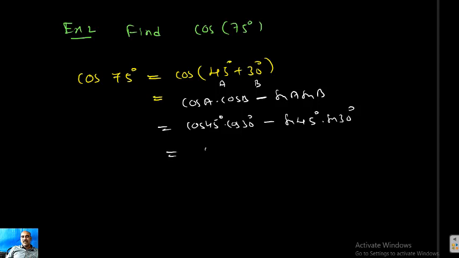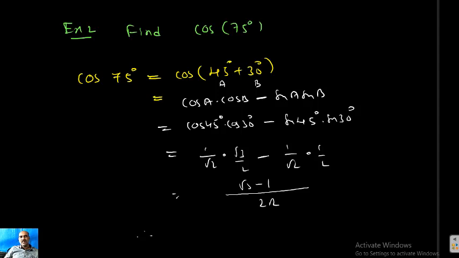Cos 45 means 1 by root 2, cos 30 means root 3 by 2, minus 1 by root 2 into 1 by 2. Here 2 root 2 LCM, students. So, root 3 minus 1. Therefore, cos 75 degree value is root 3 minus 1 by 2 root 2.